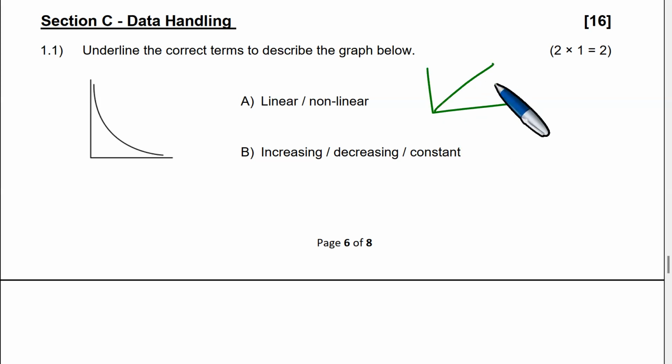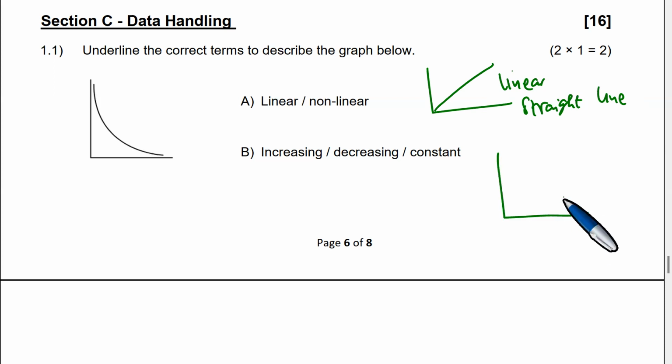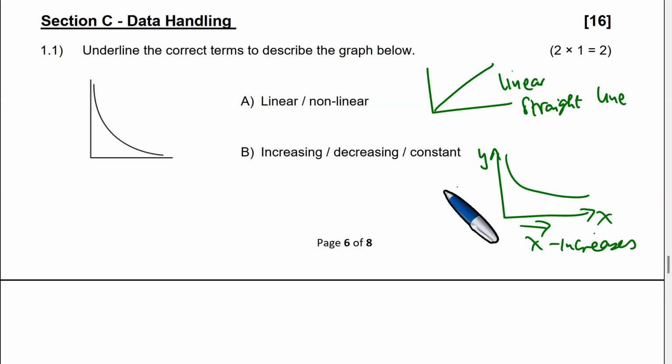Ordinarily, a linear graph would be like this, called linear. Linear means straight line. And then there's a graph that is like this. If this one is the x-axis and that is the y, when x increases, y decreases.